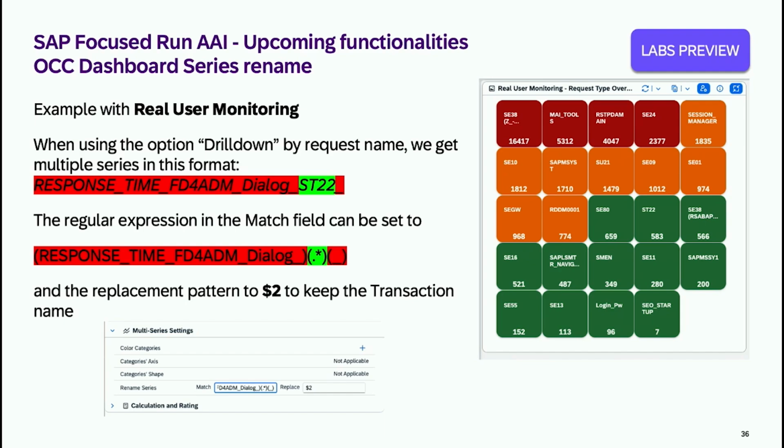So, an example again with the real user monitoring. When using the drill down option, of course, we have several series returned, and the series are in this format. You have response time, the extended SID, the type, the request type, and then the interesting part in green, which is the one that we would like to show. In this case, we can use a regular expression.